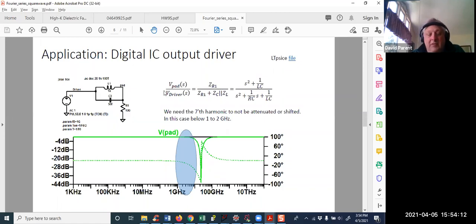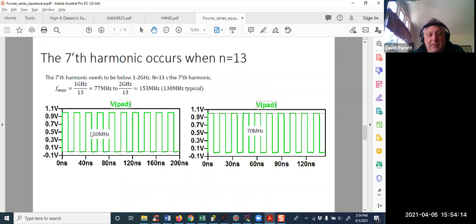All right, so let's just, so here I have a 50 megahertz, right? So that means the first harmonic is 50. Then the third harmonic in a square wave like that would be 3 times 50 megahertz, and the 7th would be 7 times 50, right?